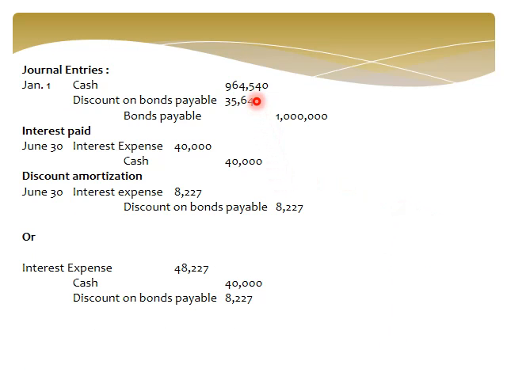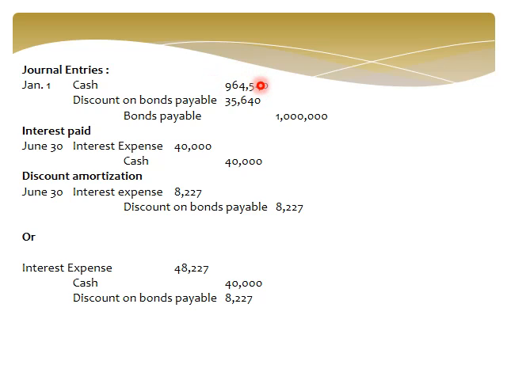Okay, journal entries natin. So, on the issuance of the bonds, nakatanggap tayo ng 964,540. So, meron tayong bonds payable na 1 million. So, meron tayong discount na i-recognize na 35,640. So, again, pag tinanong on January 1, how much the carrying amount of the bonds payable?